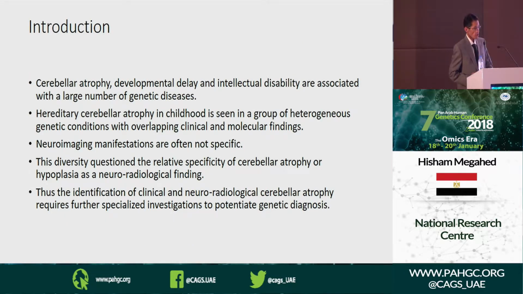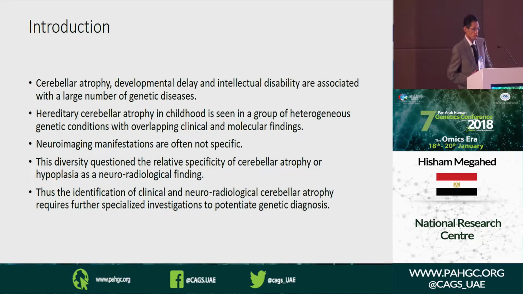So cerebellar atrophy, developmental delay and intellectual disability are associated with a large number of genetic diseases, and there is a heterogeneous group of genetic conditions associated with these disorders, and they have overlapping clinical criteria.